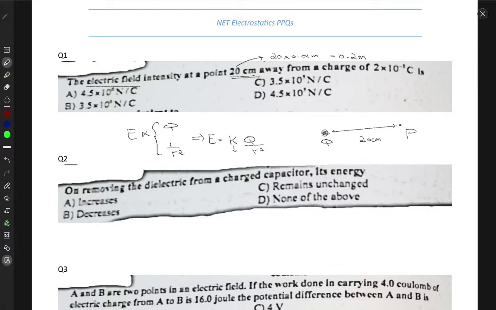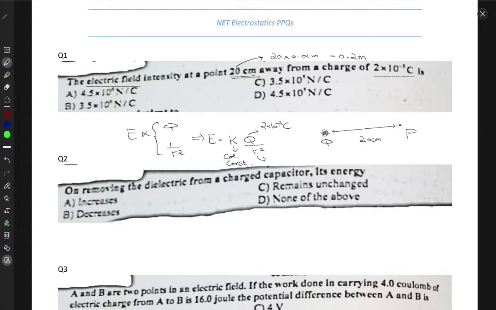This constant, we know it's called the Coulomb's constant, and the value is given to you. So the charge is 2 into 10 raised to power minus 3 coulombs, and that's what I'll plug in here.